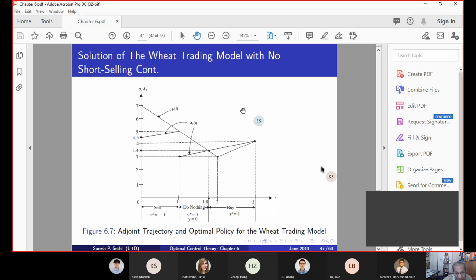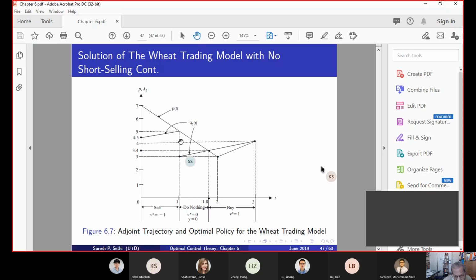When I start selling, I can only sell 1 unit. That's all I got. So my selling will finish at 0.1. If I start selling at 0, at rate 1, I will have 0 units of wheat at this point.